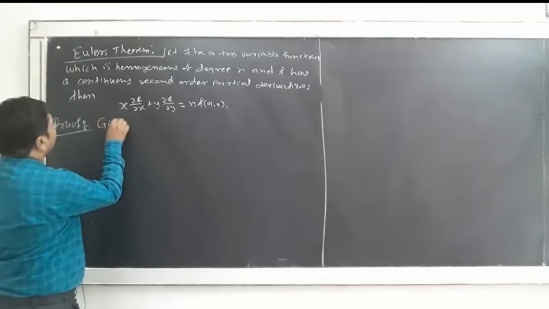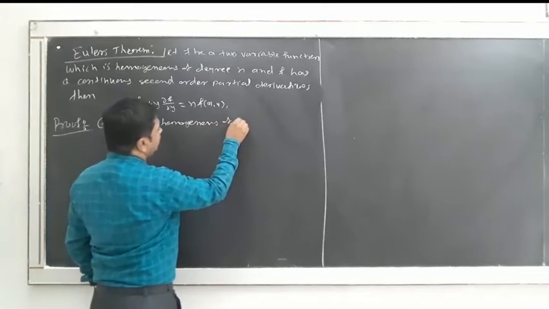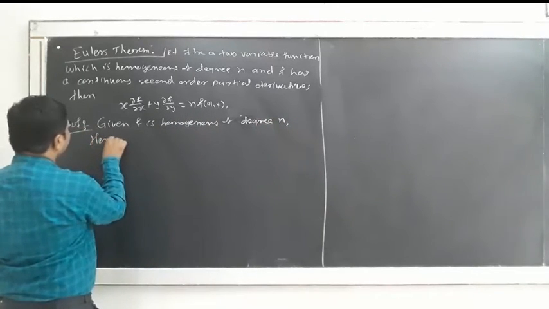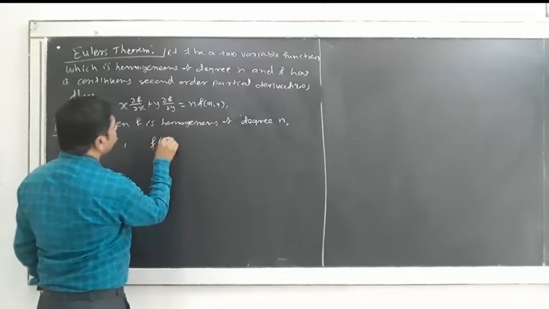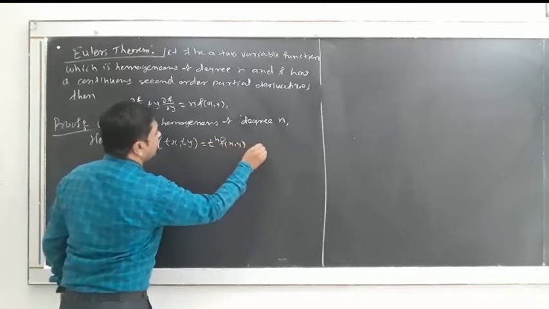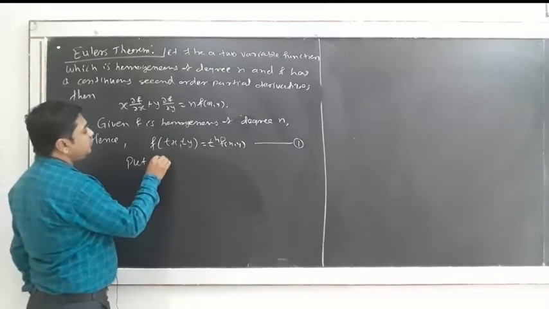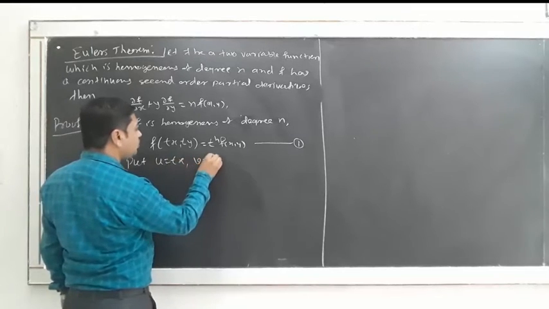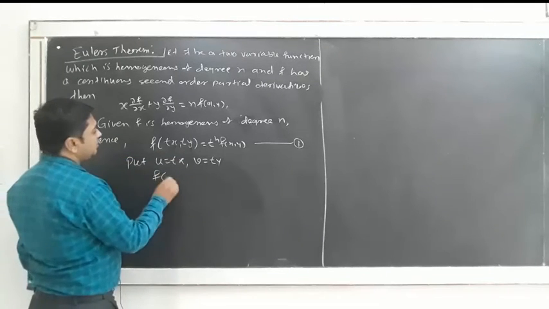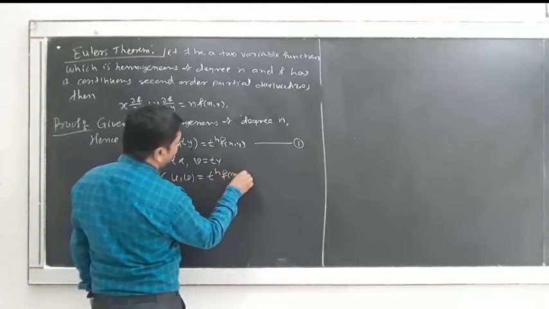Hence we can write f of tx, ty is equal to t raised to n f of x, y. Say this is equation number 1. Now put u equal to tx and v equal to ty. So f of u, v is equal to t raised to n f of x, y.